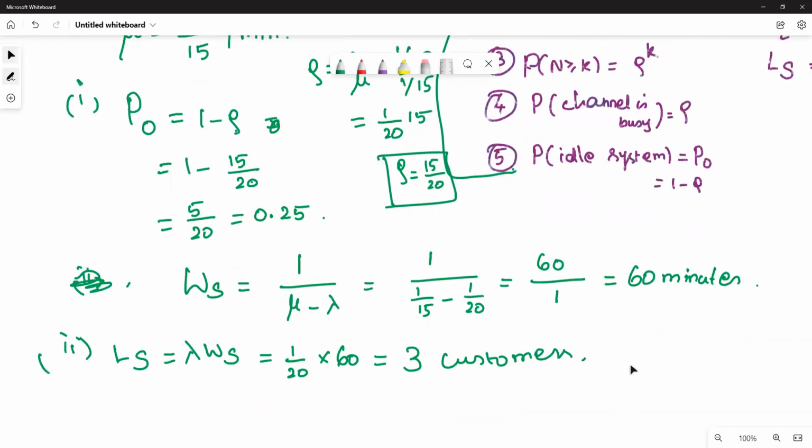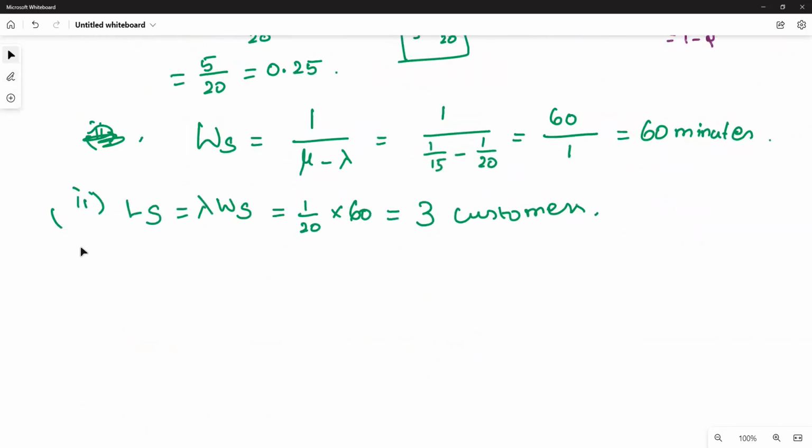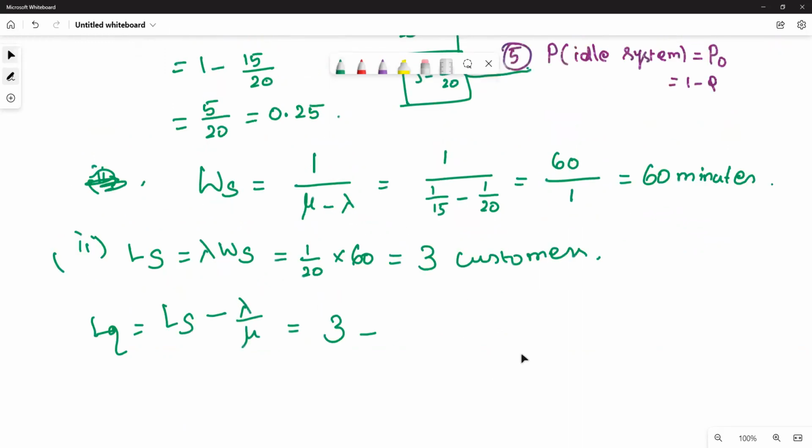Next we have to find the number of customers in the queue, that is LQ. So again, by Little's formula, LQ is equal to LS minus lambda by mu. LS just now we have found as 3. Lambda by mu is rho; wherever you use lambda by mu, it is rho.